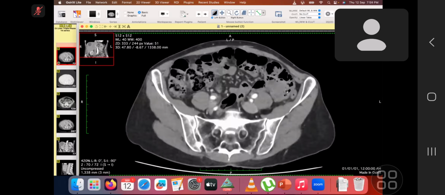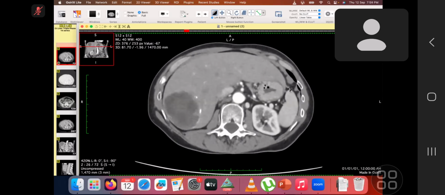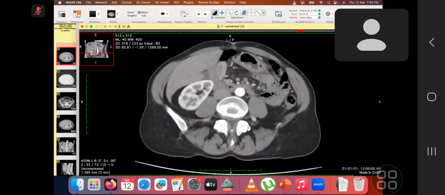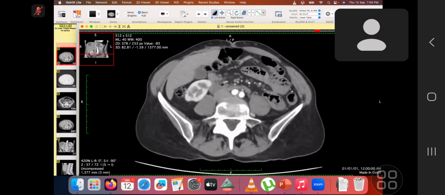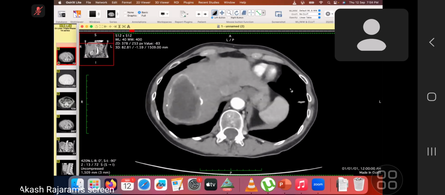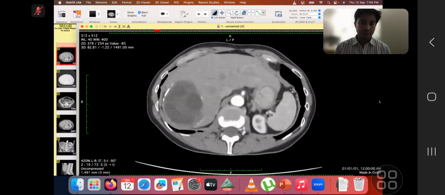Just see the images completely to see if there is any other focus of disease. Can I see the bone window images for the same patient? Yeah, you can go ahead.